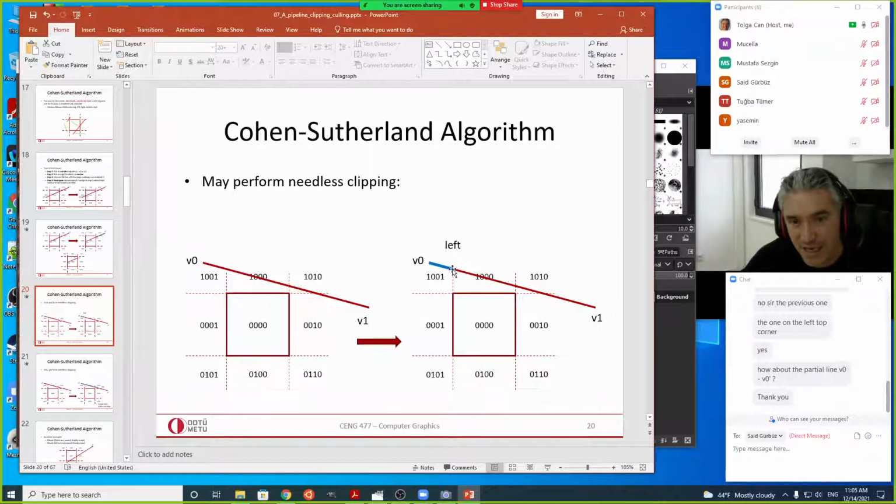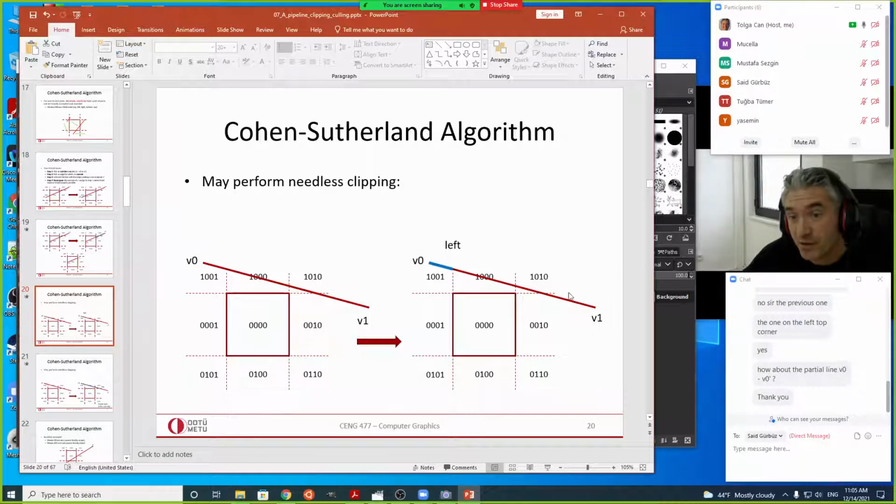So when we clip against this, this endpoint is actually inside the left boundary. We see that it's outside because when we compare it against the top boundary, it's strictly above the top boundary. So for this line, for example, we need to clip it twice.